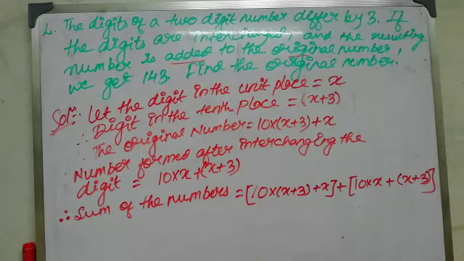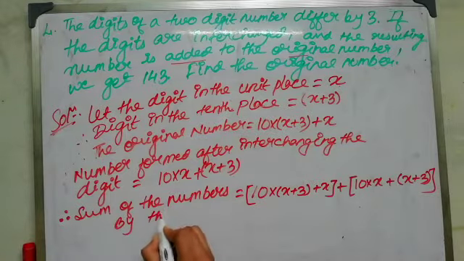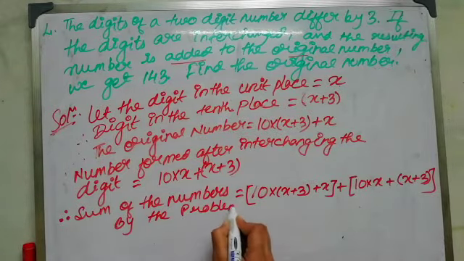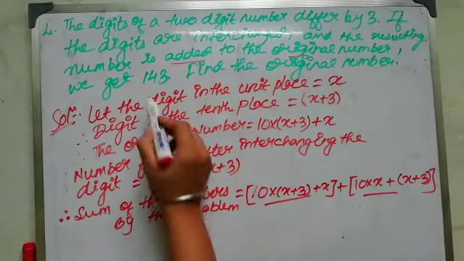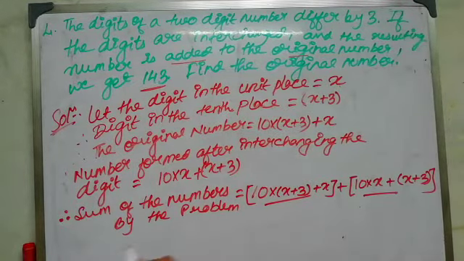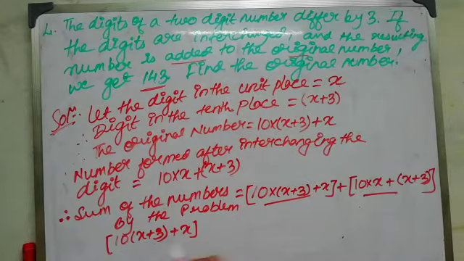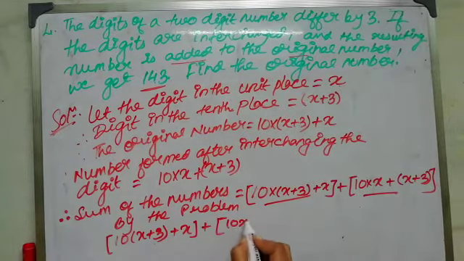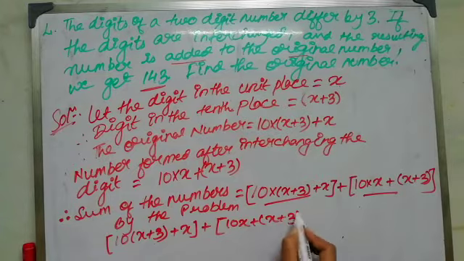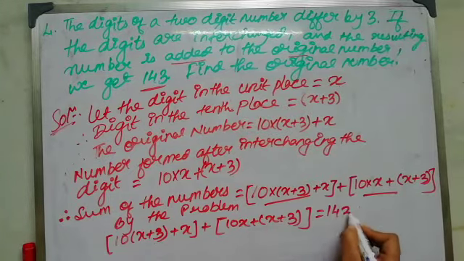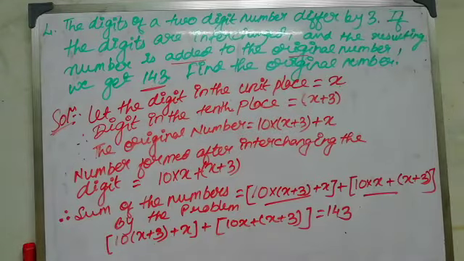Now see, the question is telling me that this plus this is 143. So 10 times (x plus 3) plus x plus 10x plus x plus 3 is 143. Clear? Now I have formed the linear equation. Now we will go for solving it.